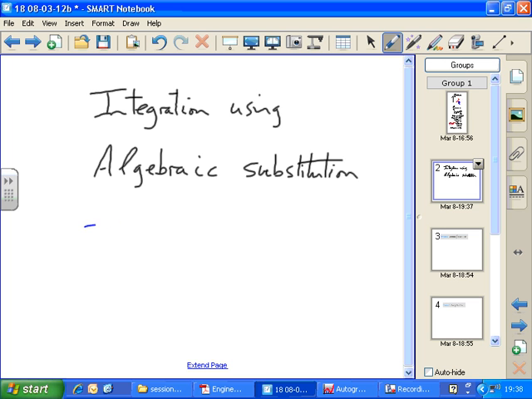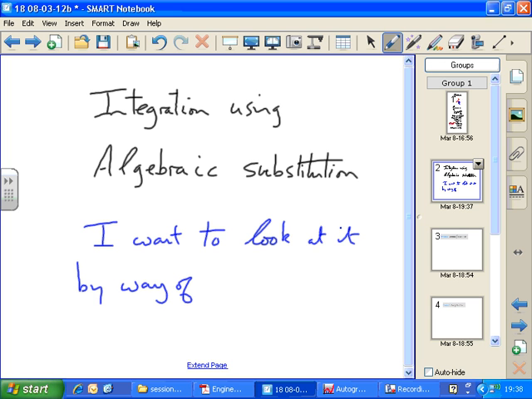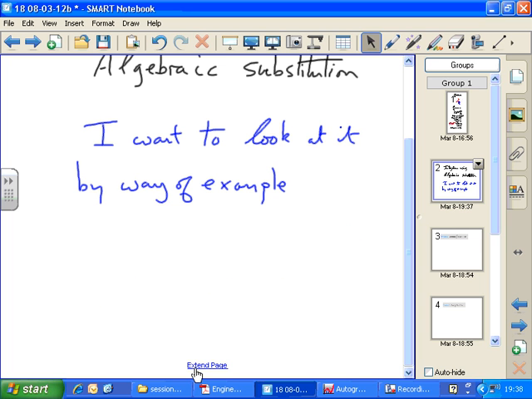And I want to look at it by way of example. So we're going to look at a few examples of when it's useful. And these examples are taken from the textbook. So if you want to find a relevant section in the textbook, then that will help.